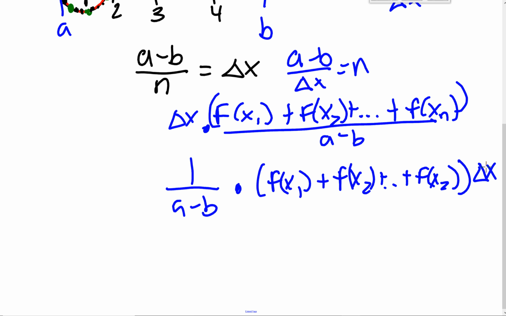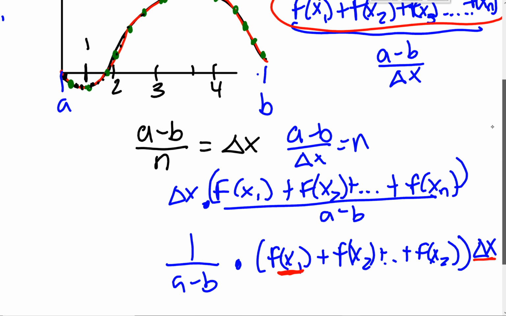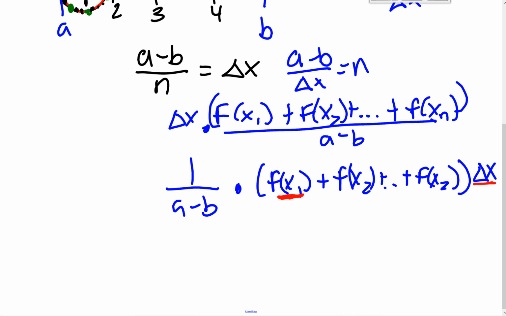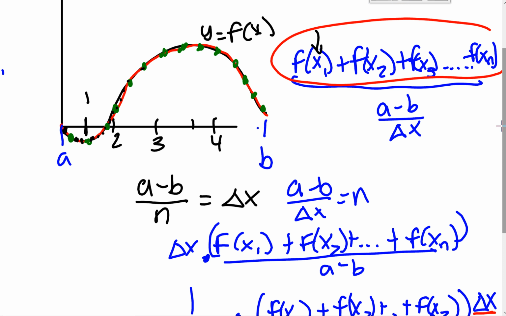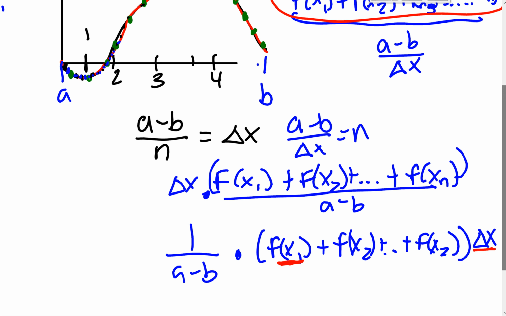As my change in x gets closer and closer to 0, the differences of the x's get smaller and smaller. I'm doing more and more points on this graph, and these points are getting closer and closer together, increasing without bound.